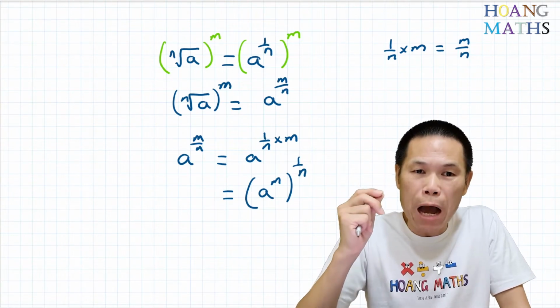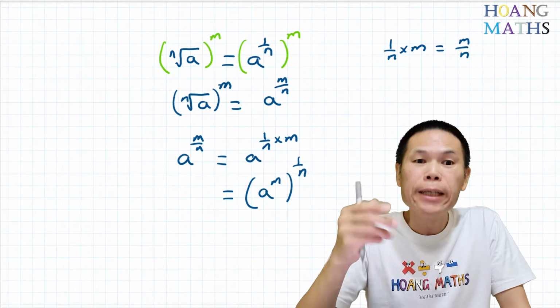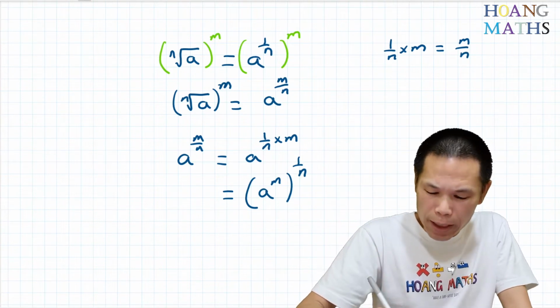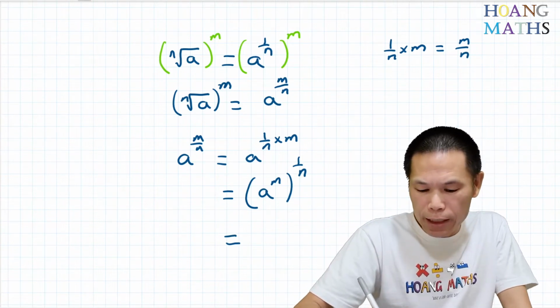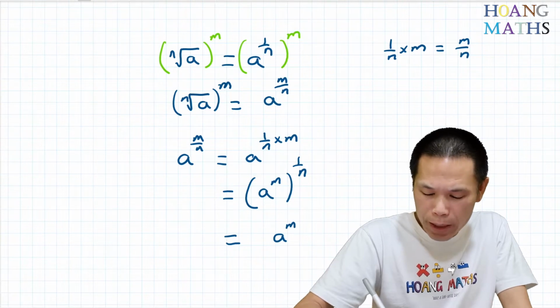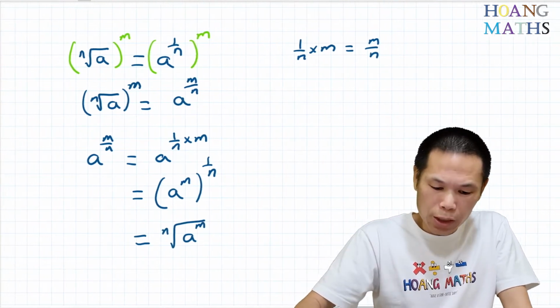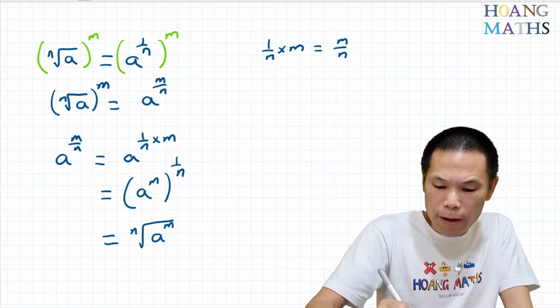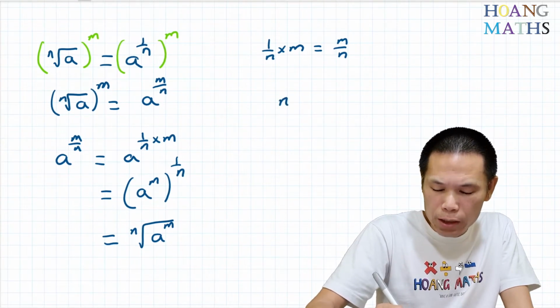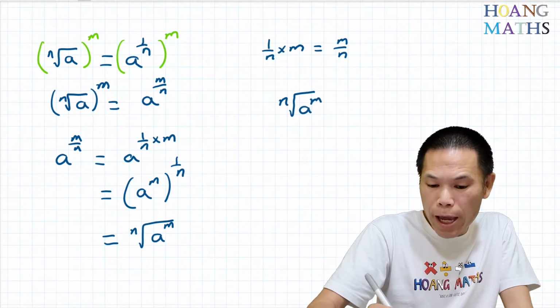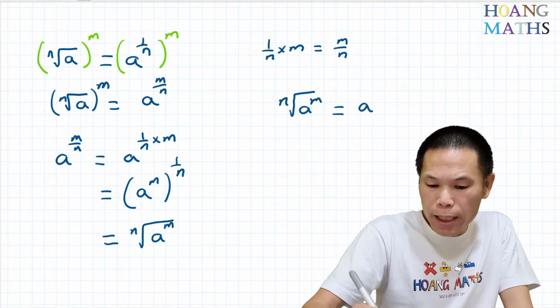And we know that power of 1 over n is n root. So this is exactly the same as I power of m and n root. So there you go. Let me just write this down: n root of I power of m is equal to I m over n.